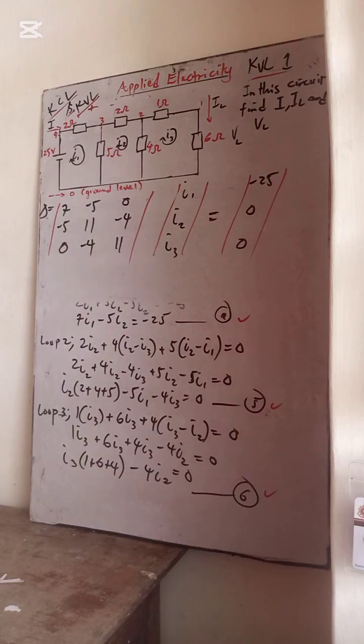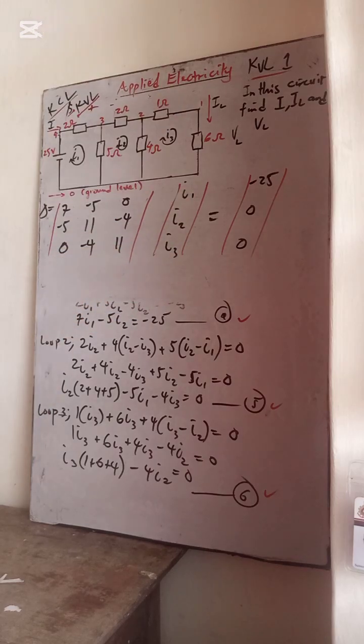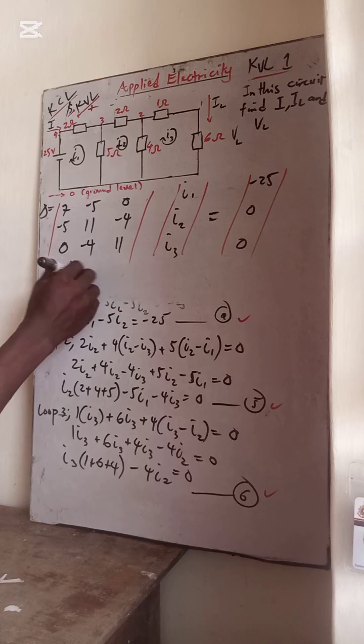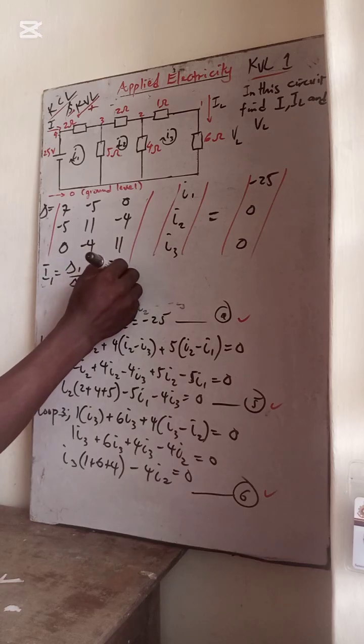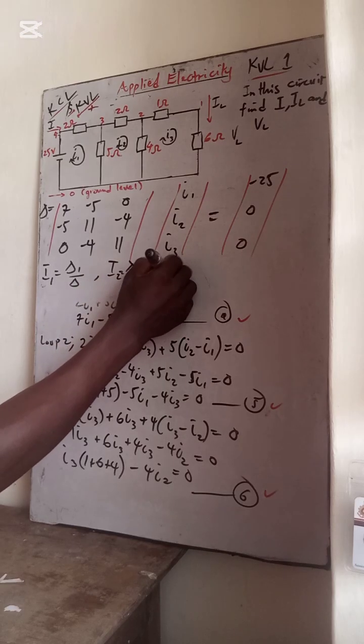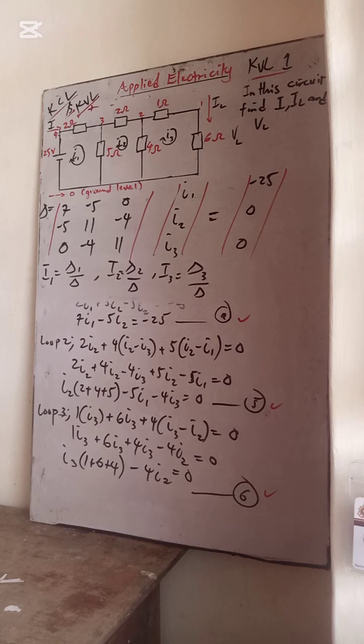Just like we did the last time, we are going to be calculating for each of the currents that we are looking for. So remember, I1 will be delta 1 over delta. Then I2 will be delta 2 over delta. And I3 will be delta 3 over delta.